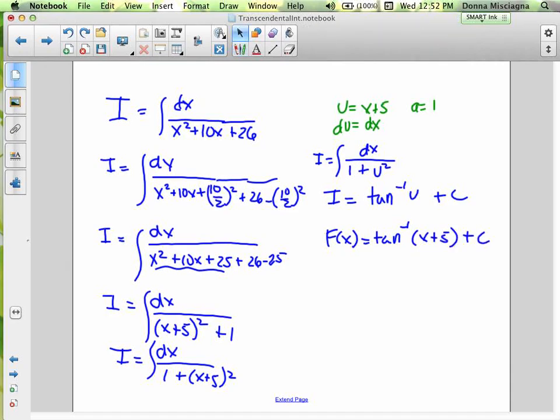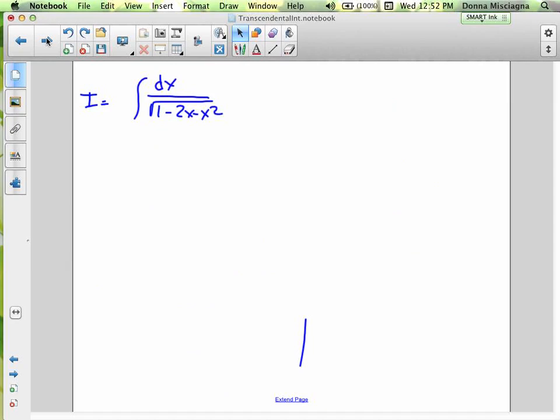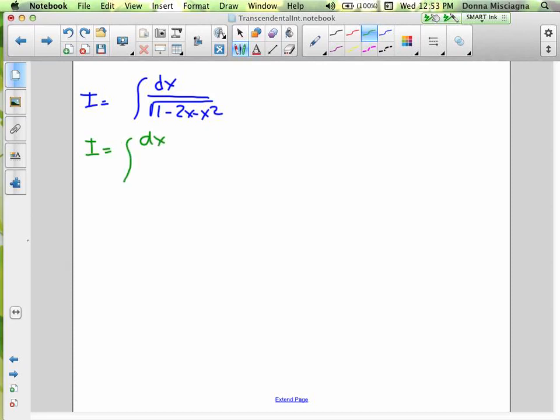All right, so if you've got something quadratic in a denominator, then try completing the square. All right, let's try this one. I equals the integral of dx over a square root this time, so it's not arctan.